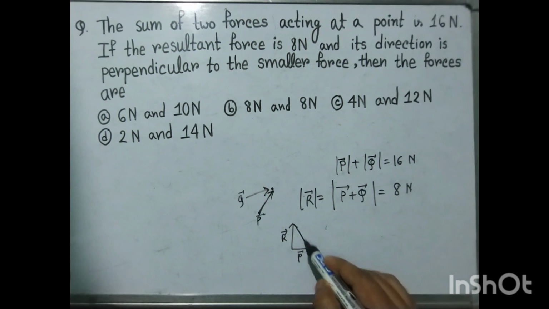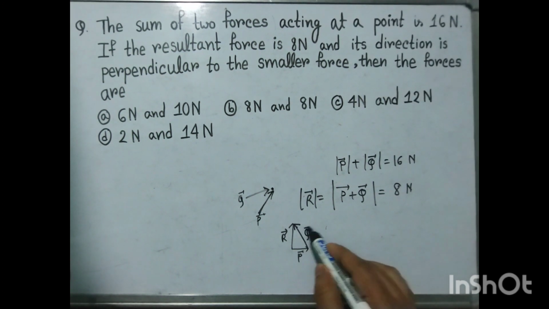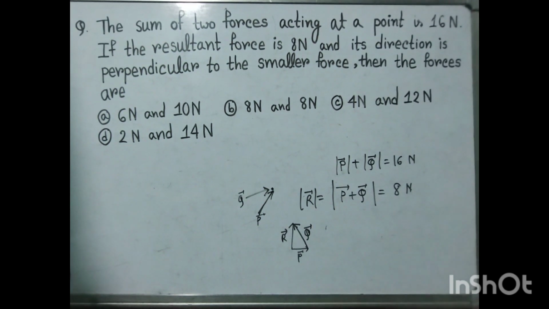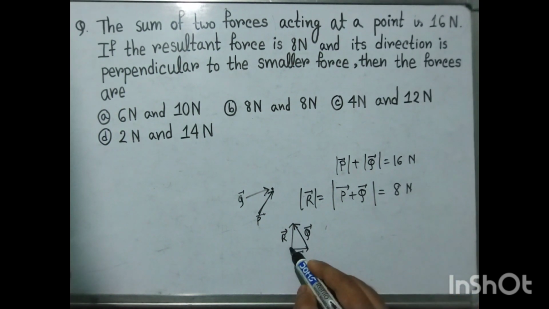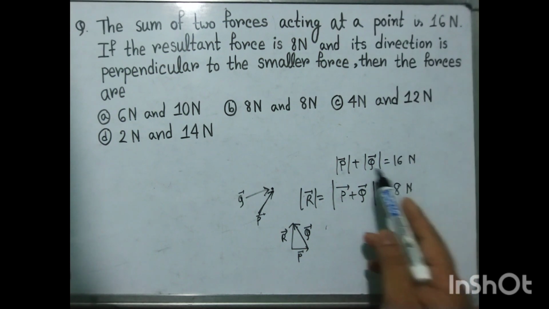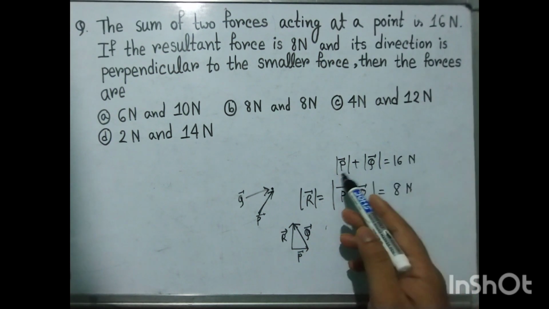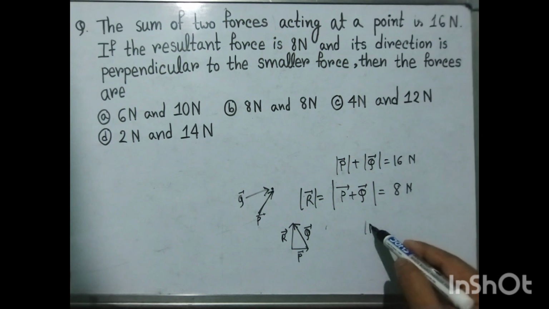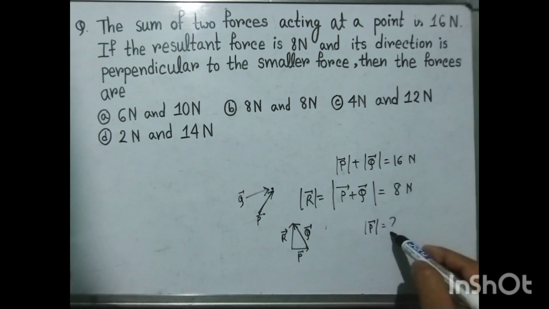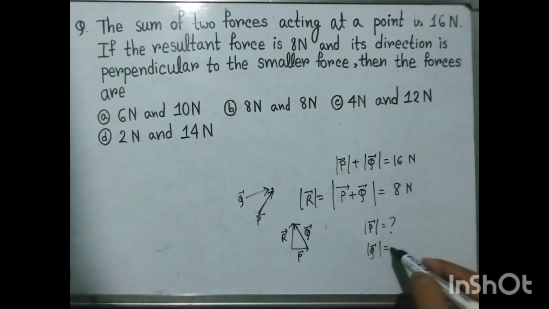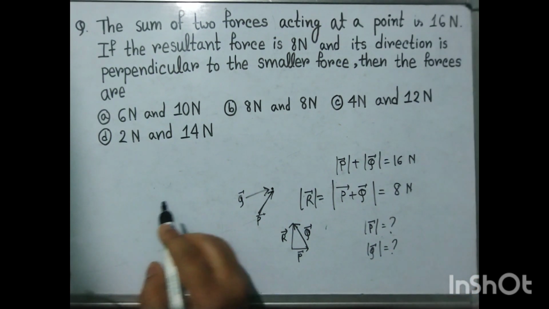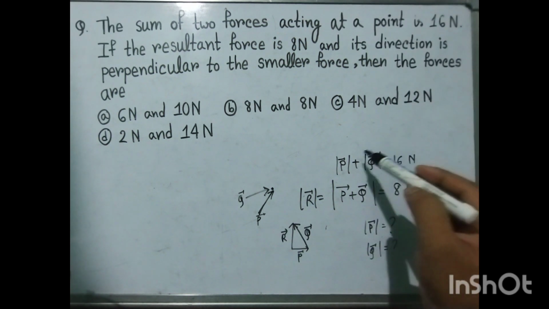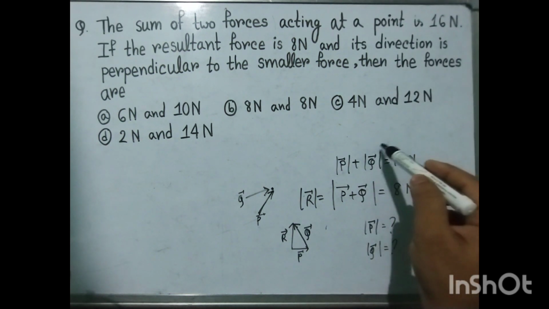So this will be the case, p vector plus q vector is r vector. Now we know the magnitude of r vector, and we know the sum of the magnitudes of the two vectors. We have to find the magnitude of p vector and the magnitude of q vector.